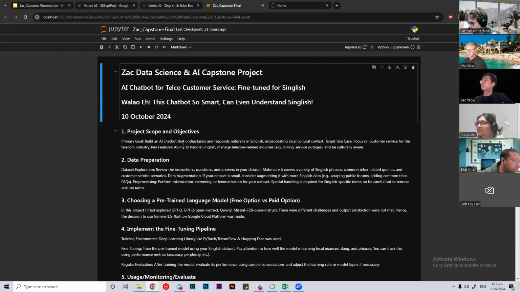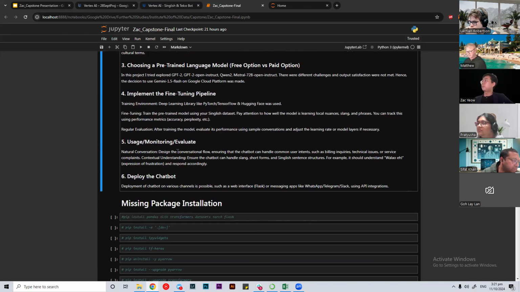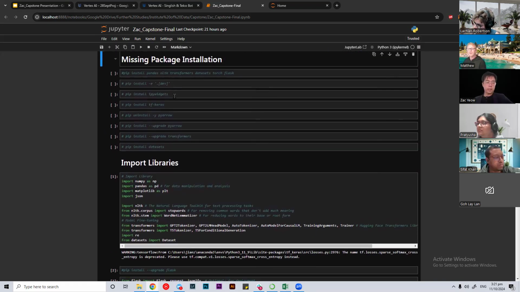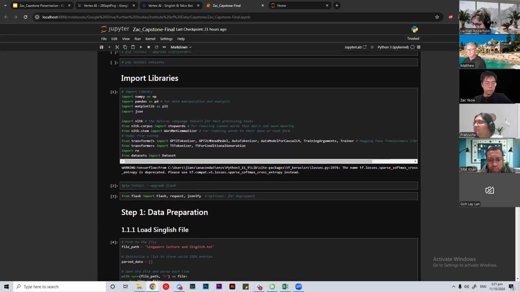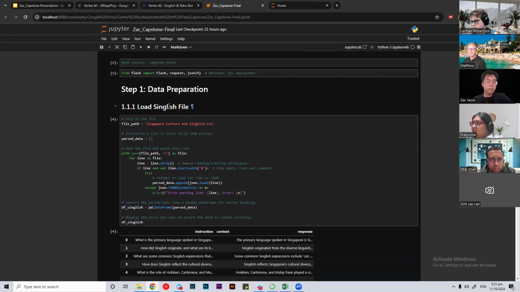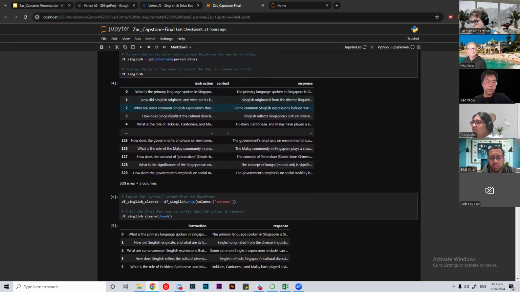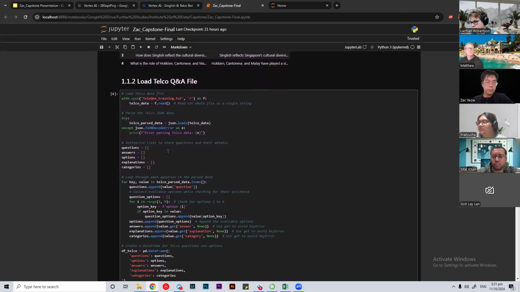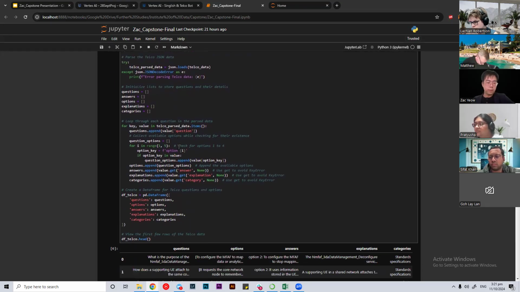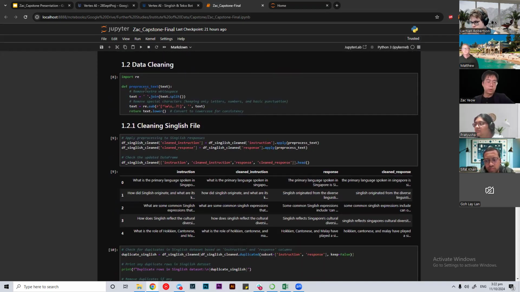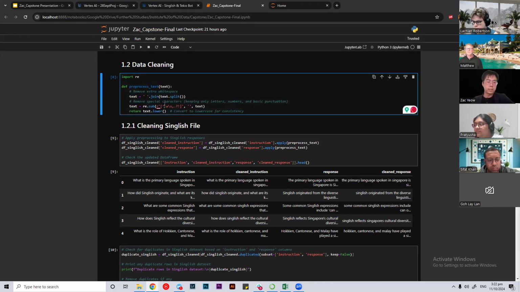Yep. So for the code, I installed all the missing packages that I need and imported the libraries. There's no EDA in this because the data itself is all in words. So loading the Singlish file, data prep, cleaning it up. Loading the telco files, cleaning it up as well. Then this one is cleaning more of the white spaces, the special characters, and the lowercase.